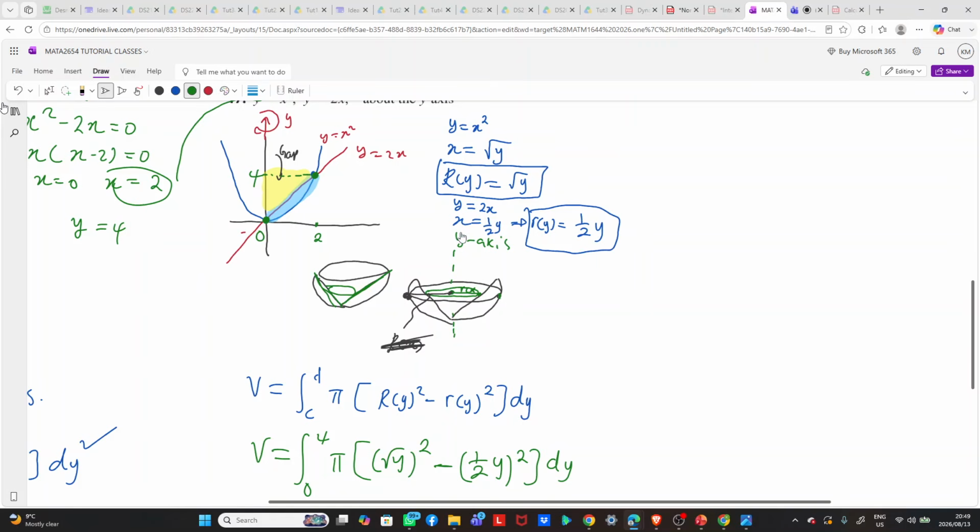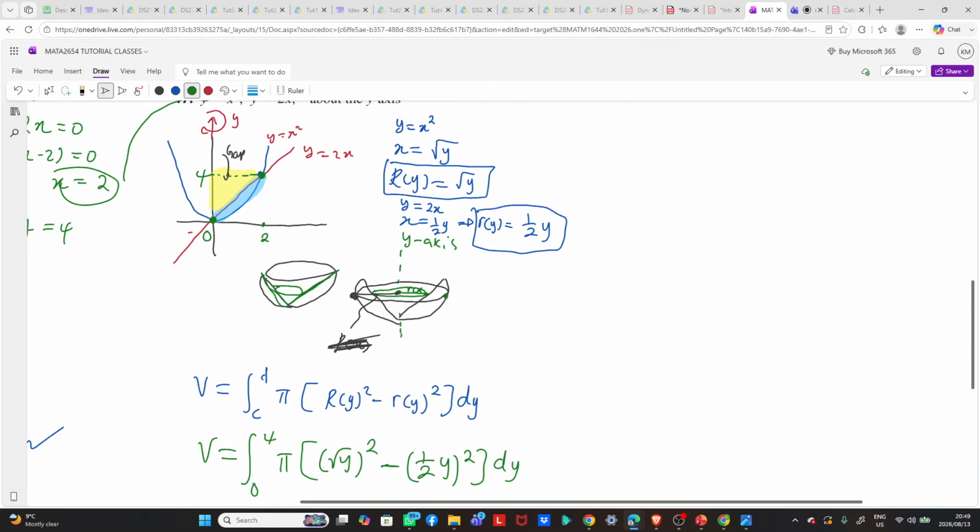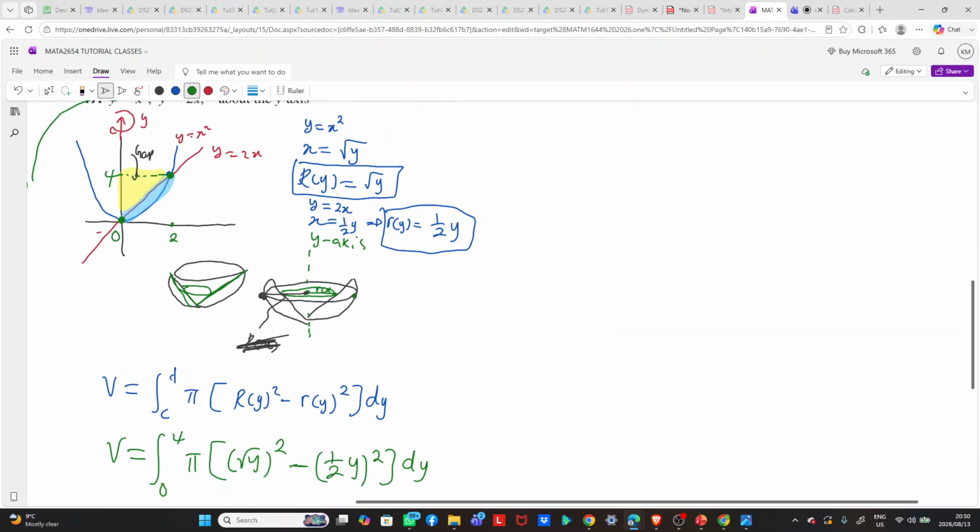To clarify for you, Dudley, why we say R of y is square root of y. Think about this. Whenever you have a function y equals x plus 1, they will say this is a function of x. Why is it a function of x? The independent variable is x right there.